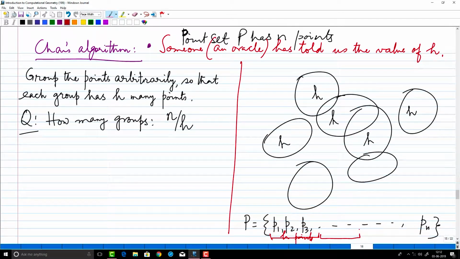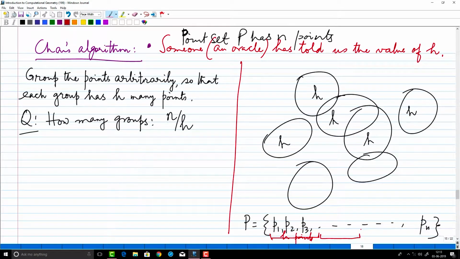They may look arbitrary. The only thing is each group has h points, because otherwise I could not have written n by h groups. So, it is a partition of P, where each part has h many points. Clear? There are n by h many groups. So, there is no point repeated in any group. It is a partition.